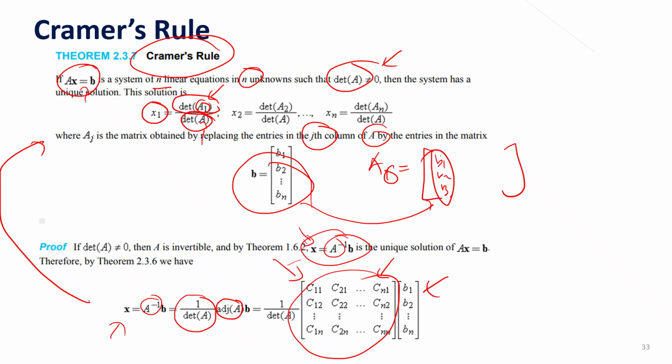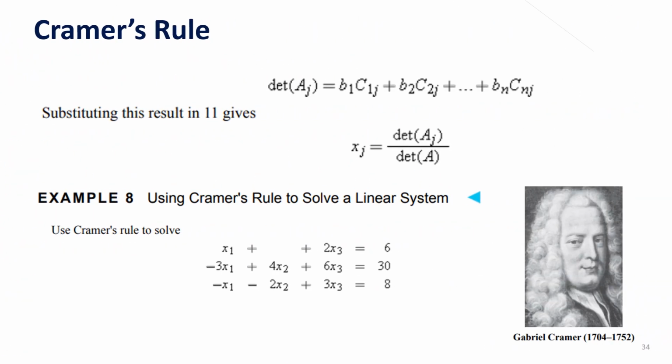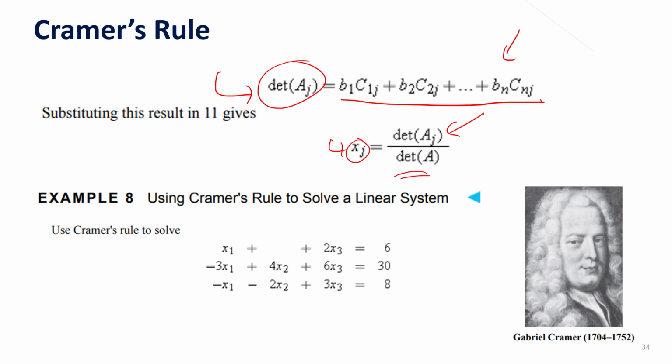Okay, let's see how it works. This is the formal form of it: the determinant of Aj will be this one. Then you will find the xj value is the determinant of Aj divided by the determinant of A. So now let's use this to solve this problem.